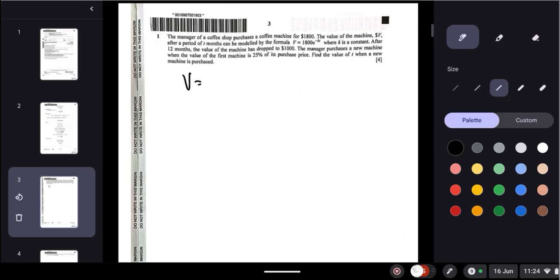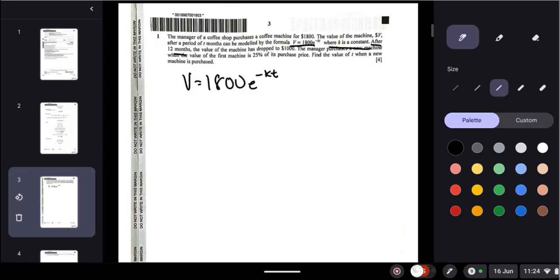So you will write this formula here. Copy this formula. In every question they give this formula, so just write down the formula first. Now, where k is a constant, after 12 months.